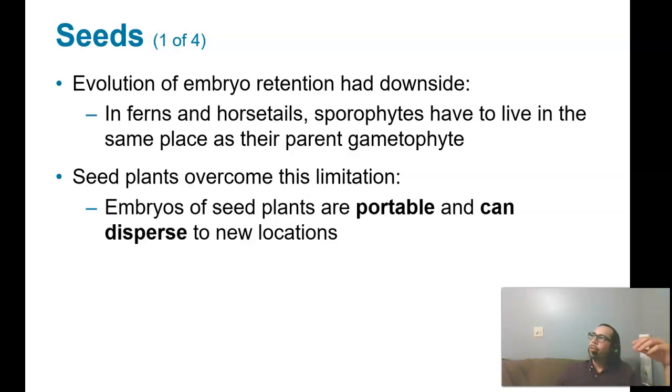If you remember the fern life cycle, the sporophyte is actually growing on the gametophyte, and it eventually overtakes it, but it does stay connected to the gametophyte. In seed plants, you can see that they overcome this limitation because the embryos of the seed plants are portable and they can be dispersed to new locations separate from the gametophytes.